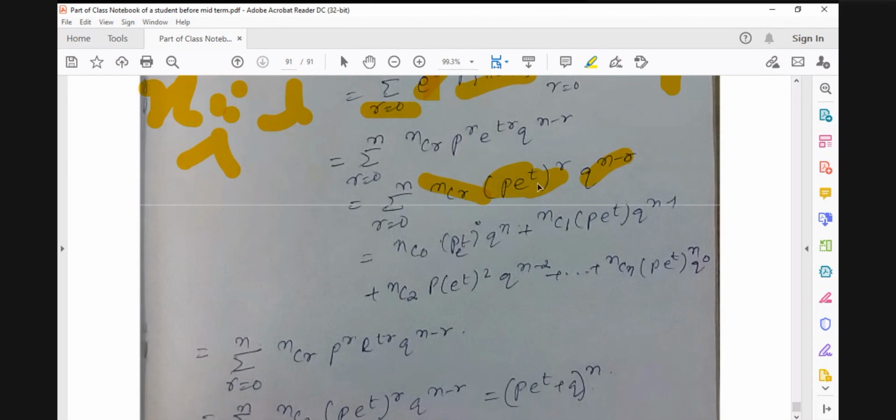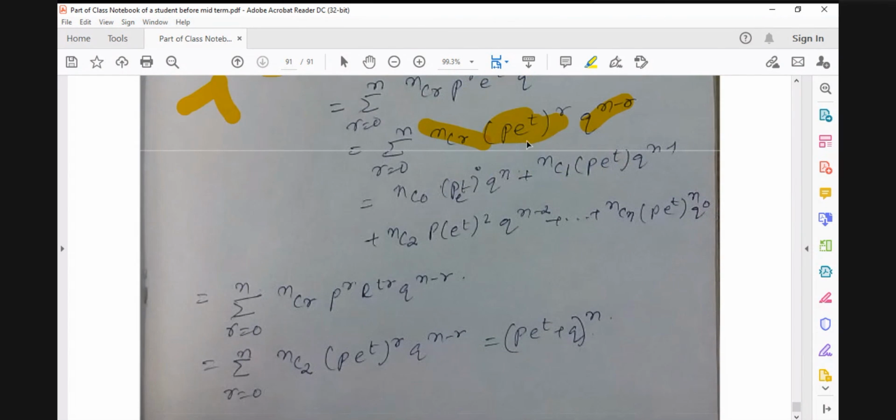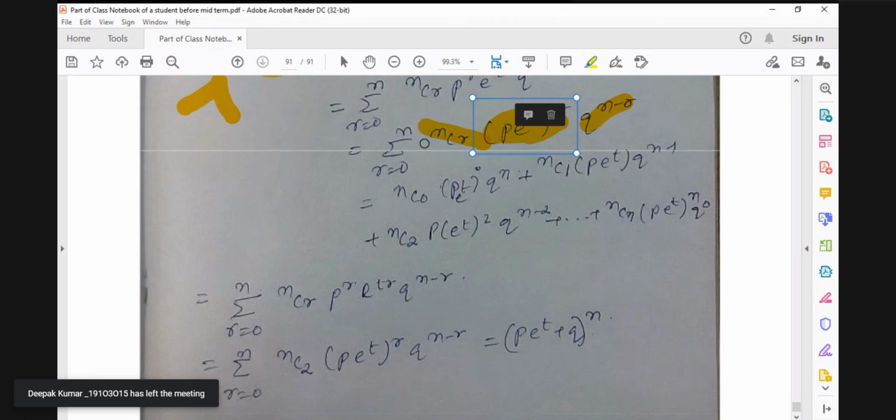So it is again a binomial expansion. If you have (a plus b) raised to power n, it is nCr a raised to power r and b raised to power n minus r. So here b is q and a is p into e raised to power t.